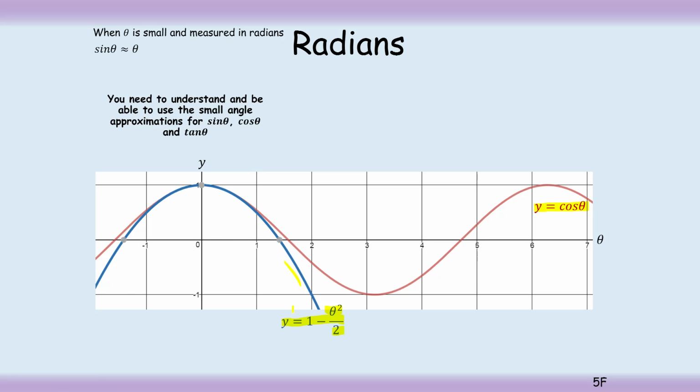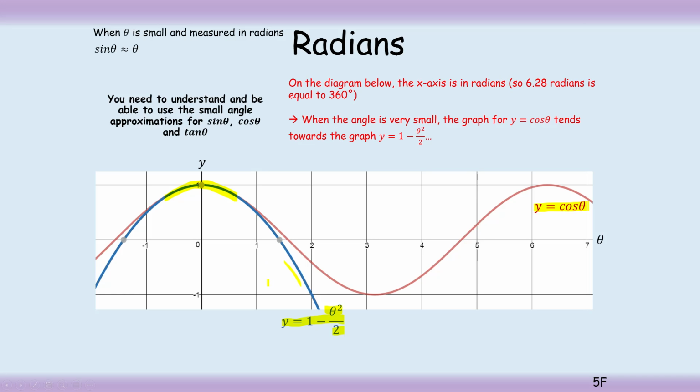Now, that quadratic curve, again, very close to 0. So for small angles in radians, we can say that this curve approximates to cosine theta. So there we are. Y equals cos theta tends to our quadratic curve, y equals 1 minus theta squared over 2.